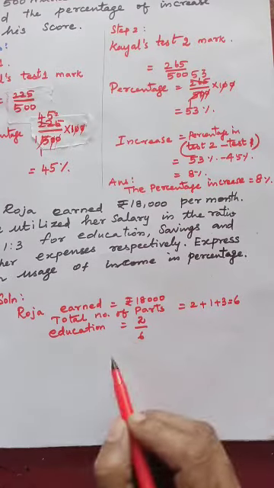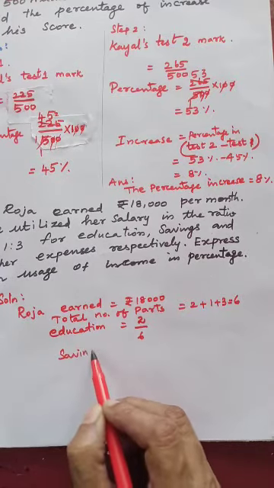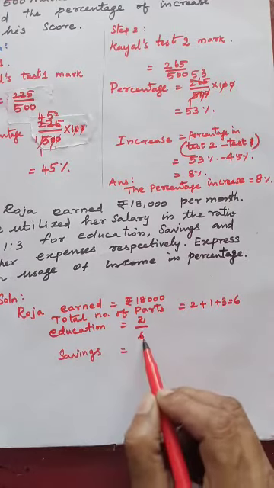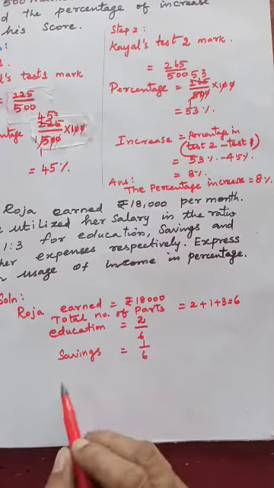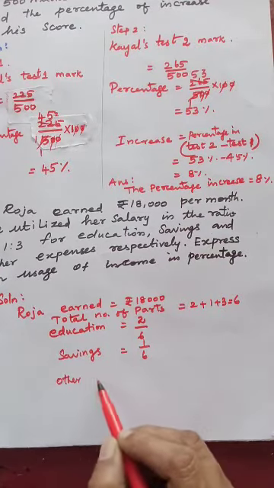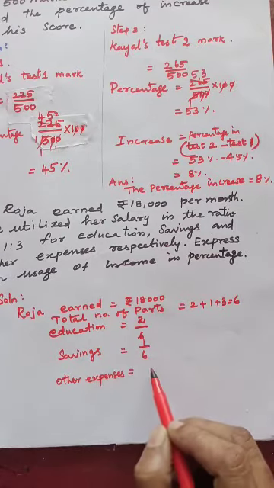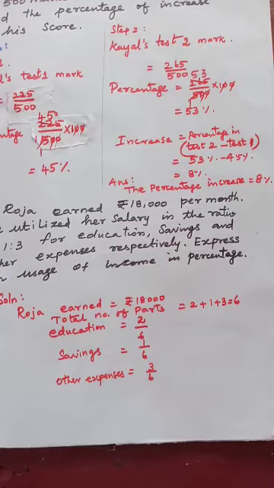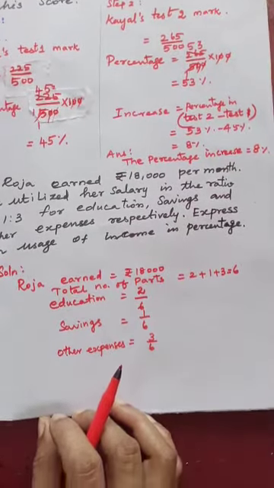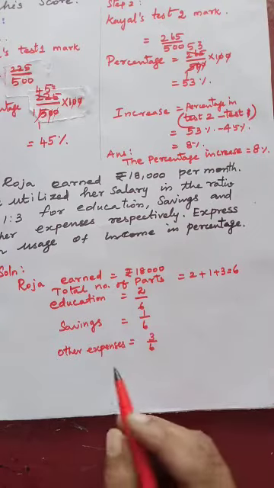For savings is equal to 1/6. Then for other expenses is equal to 3/6. Now you have to say the percentage of usage of income.